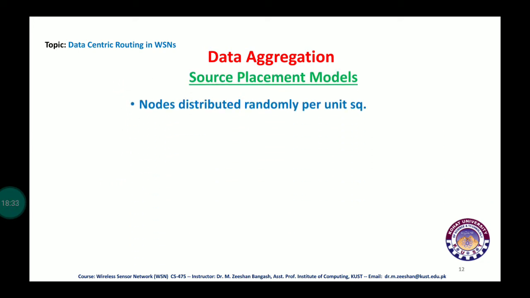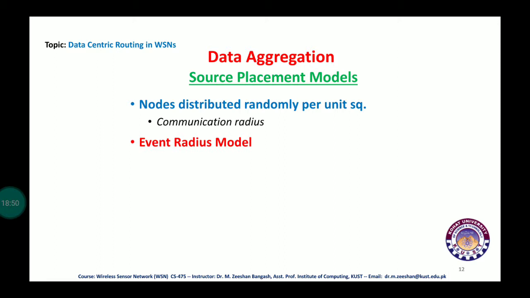Now there are some source placement models. In one model, nodes are distributed randomly in an area of one unit square, and they transmit within some communication radius.